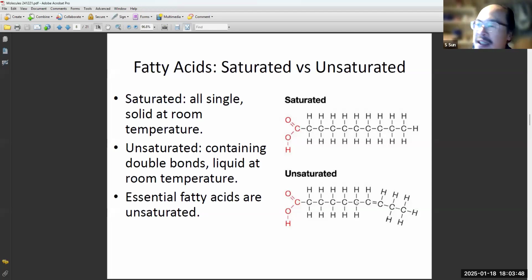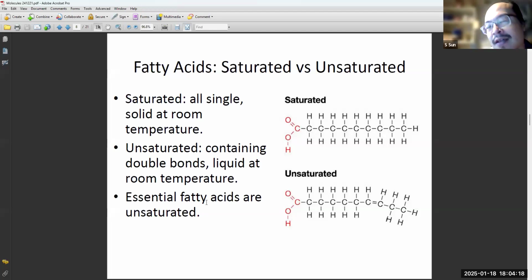The reason is that unsaturated fatty acids not only provide your body the energy that you can use, they also provide the essential fatty acids that your body needs. Essential means this is a molecule your body cannot generate; you have to take it from food.